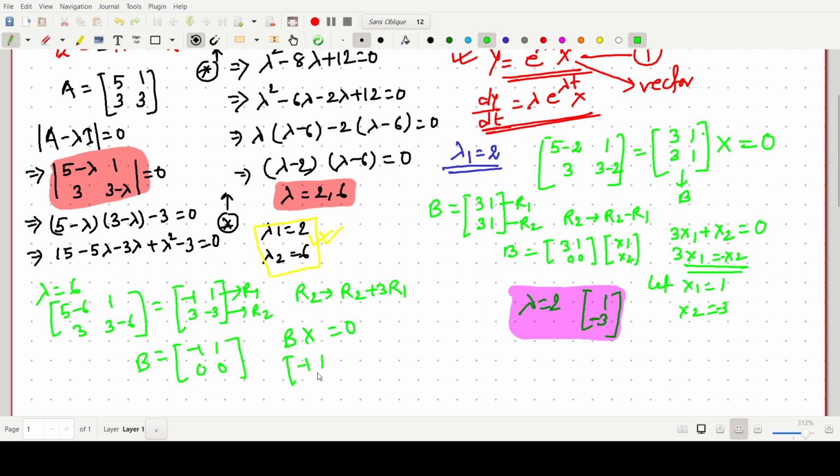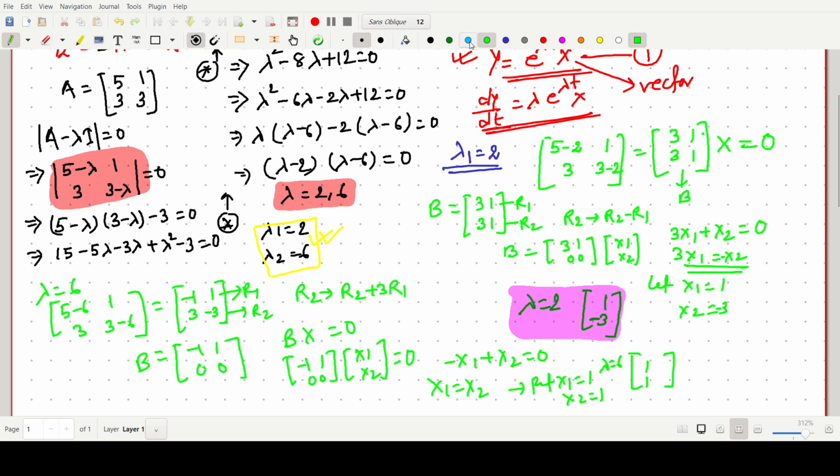So minus 1, 1, 0, 0, and then x1, x2 equals to 0. So we can write this as minus x1 plus x2 equals to 0. So x1 equals to x2. When we put x1 equals to 1, x2 will also become 1. So the eigenvector value becomes 1 and 1 for lambda equals to 6.